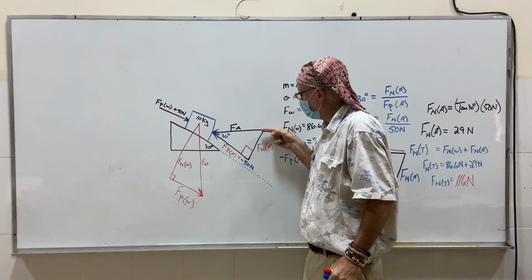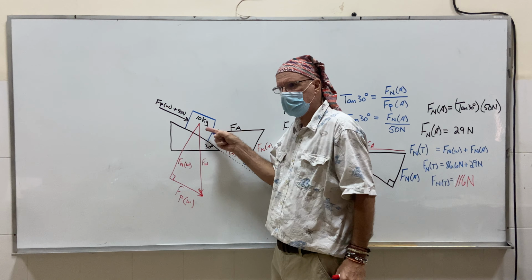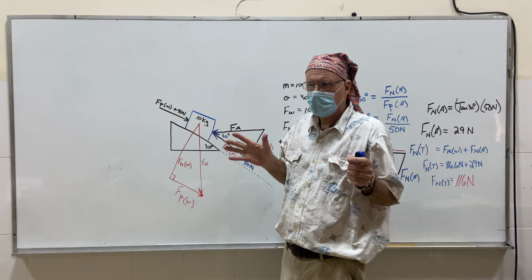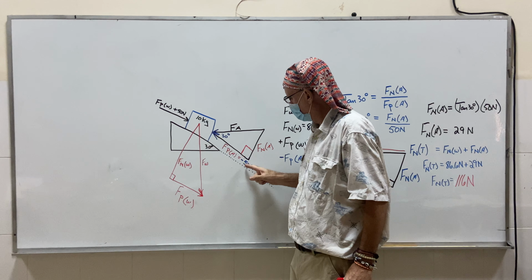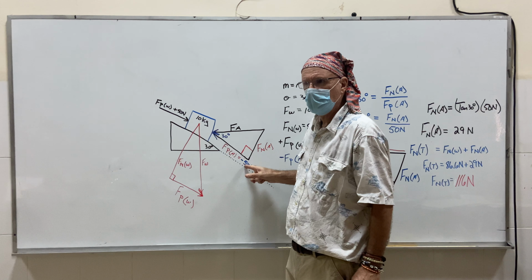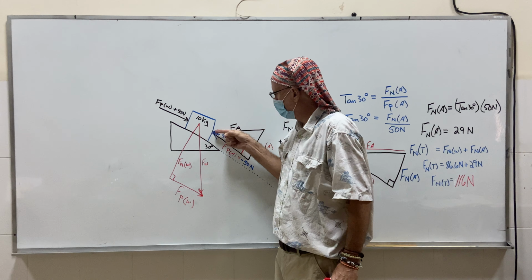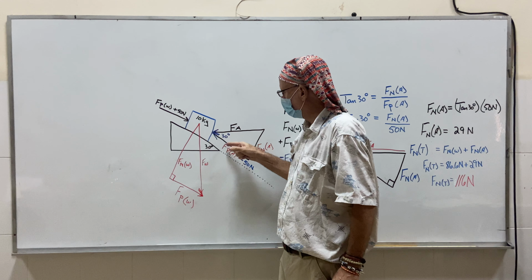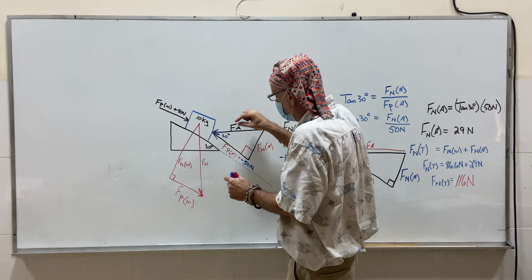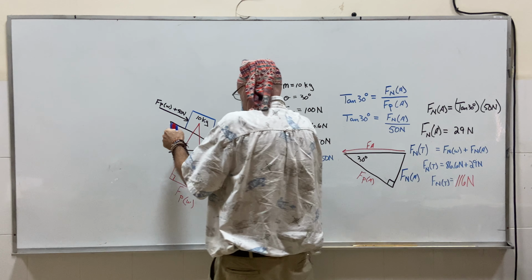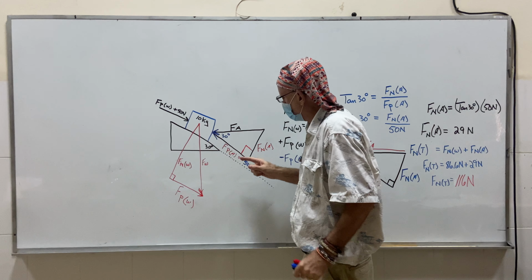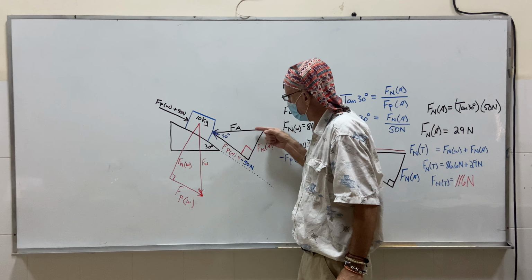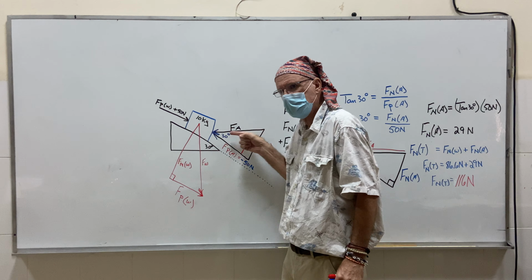Meaning, if I apply a force to stop that from sliding, ignoring friction, then I'm applying an opposite 50 newtons, right? This has got to be 30 degrees, check your triangles. If you take this triangle and put it like this, that 30 is there, that right angle is there.